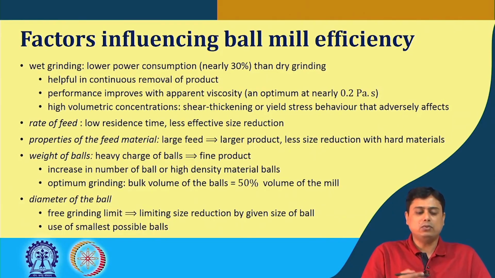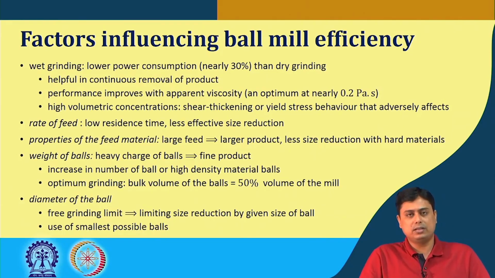Now, as we increase the volumetric concentration of the feed, the suspension can behave as a shear thickening fluid or a yield stress liquid, and then it adversely influences the performance of the ball mill. So, there is also a critical concentration level of this suspension.